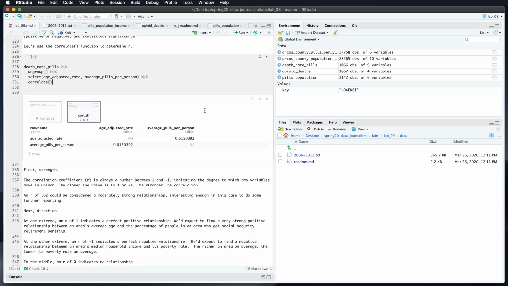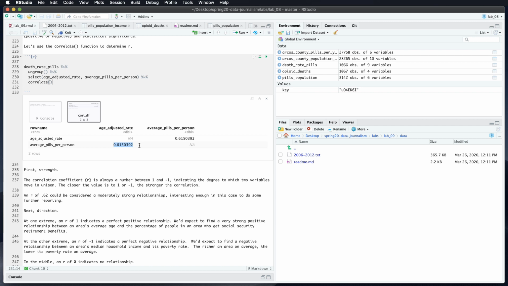Okay. So we have a little table here that has the correlation coefficient. So how do we interpret this number? The correlation coefficient is right here, and it is 0.615 or 0.62. The correlation coefficient is always going to be a number between 1 and -1.